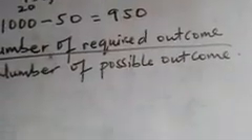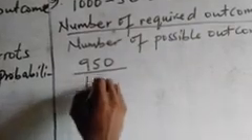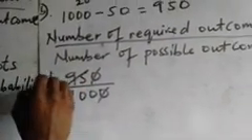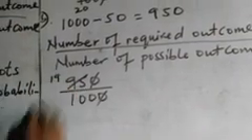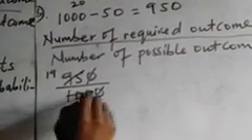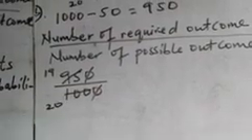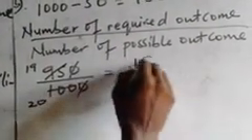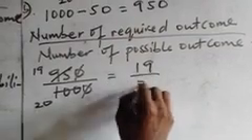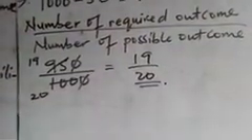Okay, number of required outcome here is 950 over number of possible outcome, which is 1,000. 0 eliminates 0. 5 here will give us 5 in 9 is 1. 5 in 45 is 9. 5 here will give us 20. Nothing can divide again, so we have 19 over 20. That's our final answer. Okay, last example.